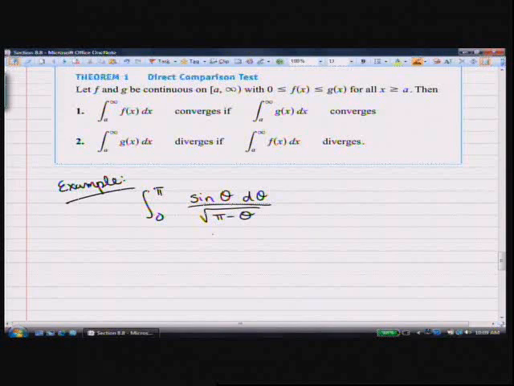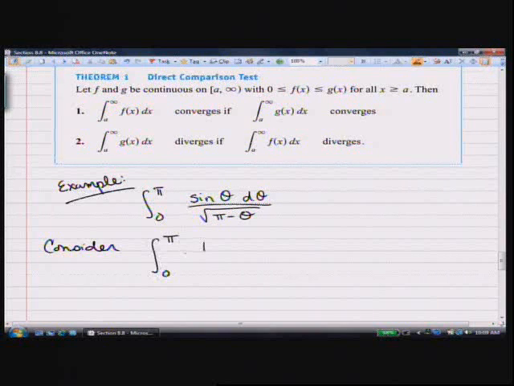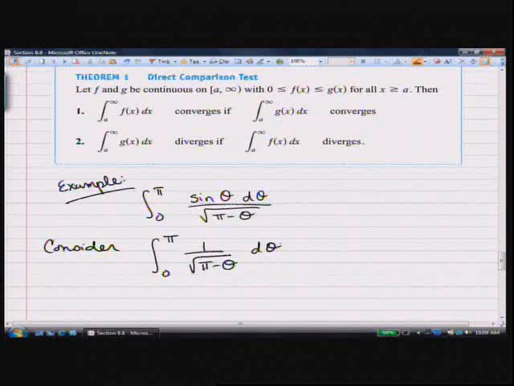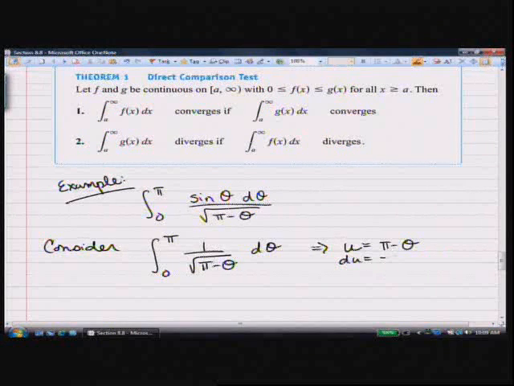So let's consider the integral from 0 to pi of 1 over the square root of pi minus theta, d theta. All right. Well, if we do a u substitution here, we can let u equal pi minus theta, then du is going to equal negative d theta, right?